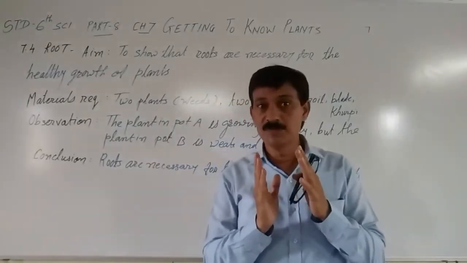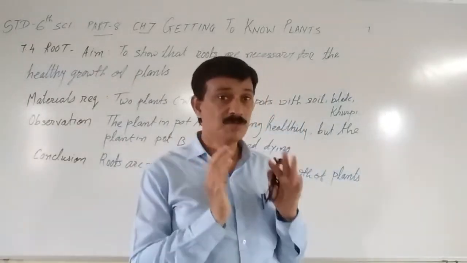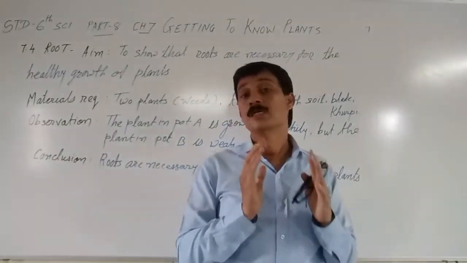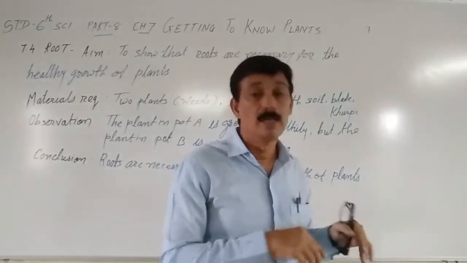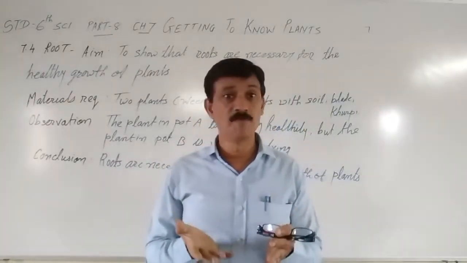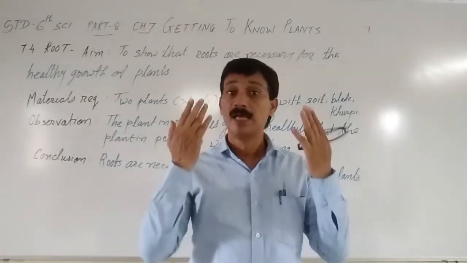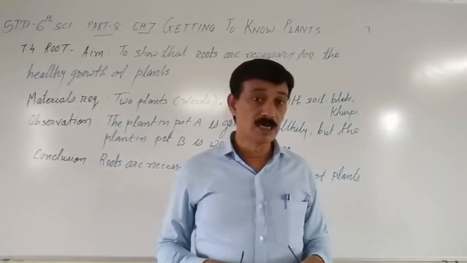This is one of the functions of the root. So if roots are there in the soil, they will absorb the water, and water is essential for every living organism, plants also.